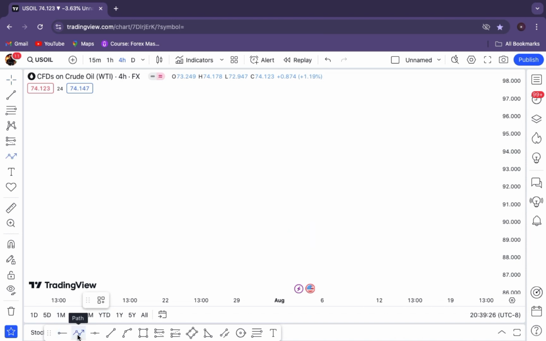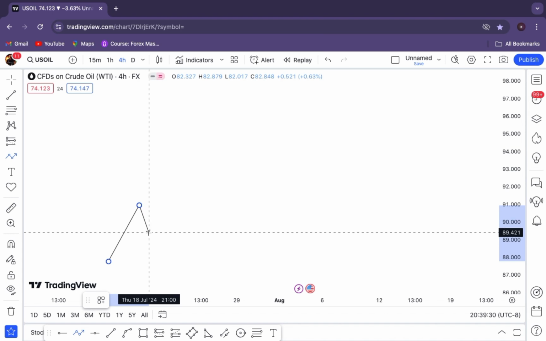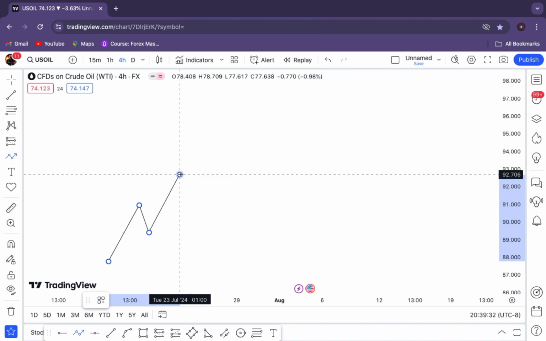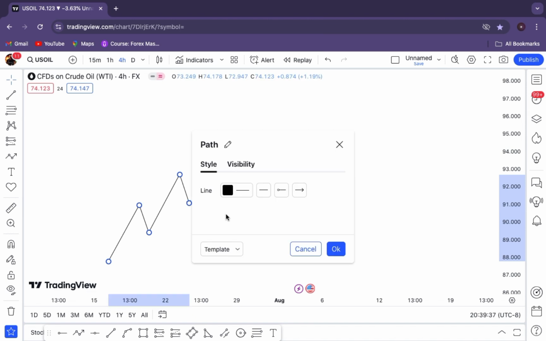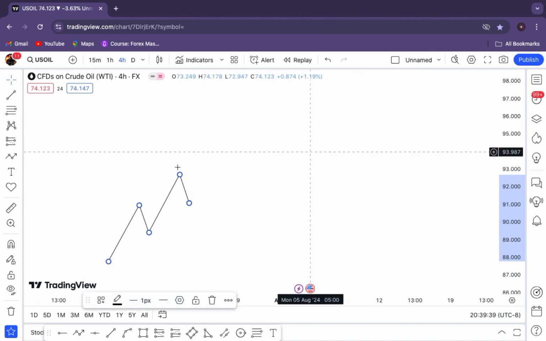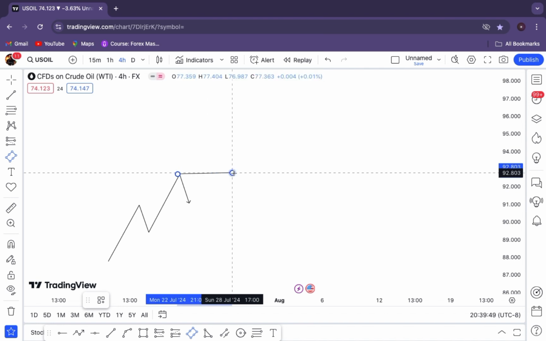So with this strategy, let's say you have an uptrend like so: your high, your higher low, your higher highs, and then your higher low. Now what this strategy simply does is that once you have something like this, you just have to bring out your tool. I usually work with this tool, for those of you who are familiar with me or my system and the way I trade. I like keeping my stuff very simple, clean and neat.